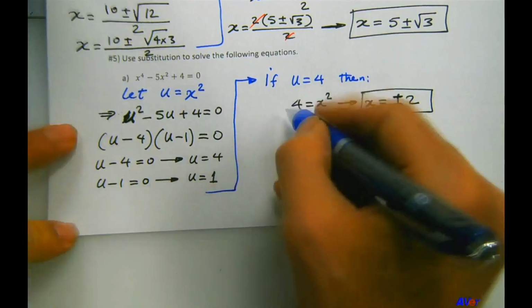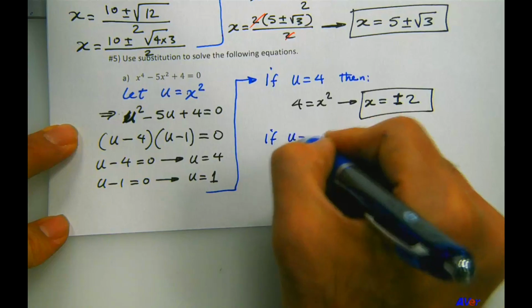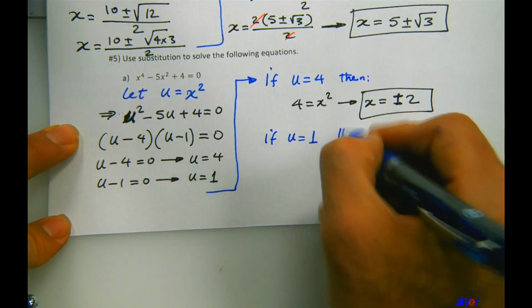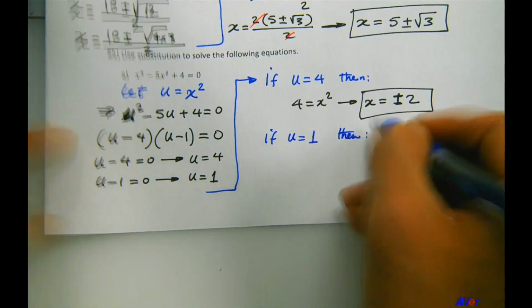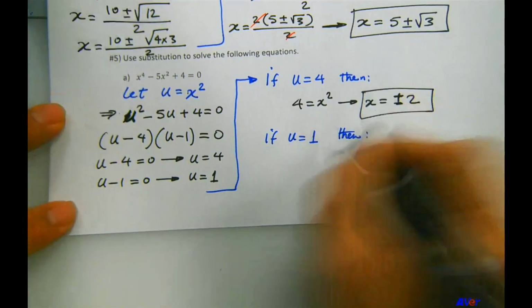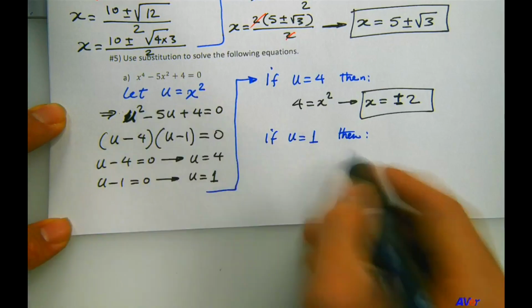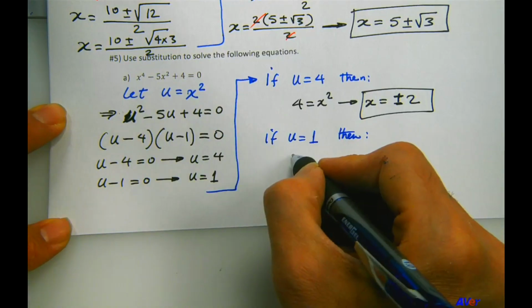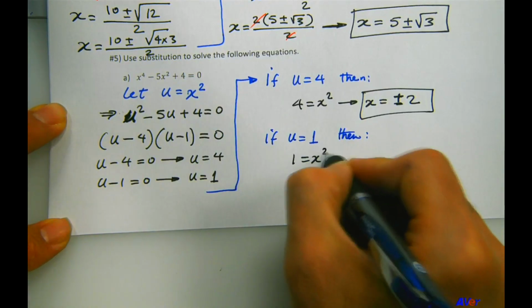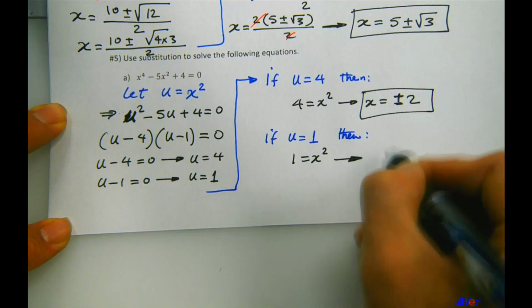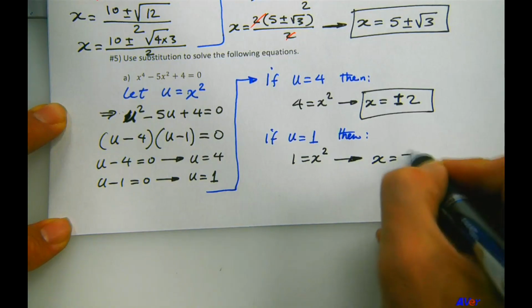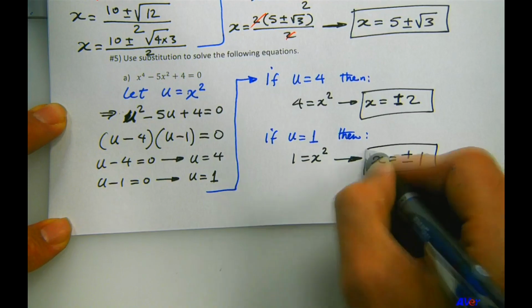If u equals 1, then let's plug in for u with 1 in this equation. Then 1 equals x squared. Therefore, x equals plus or minus 1.